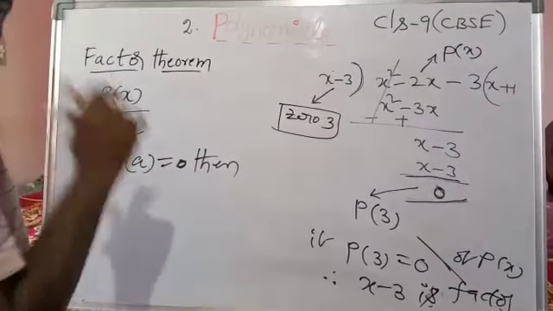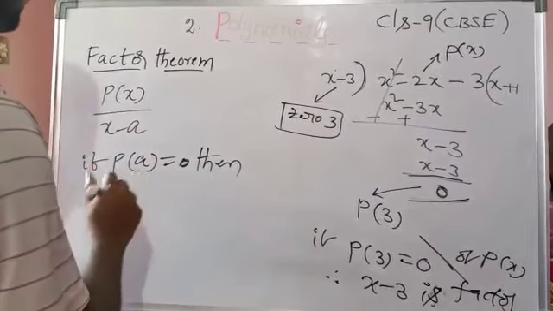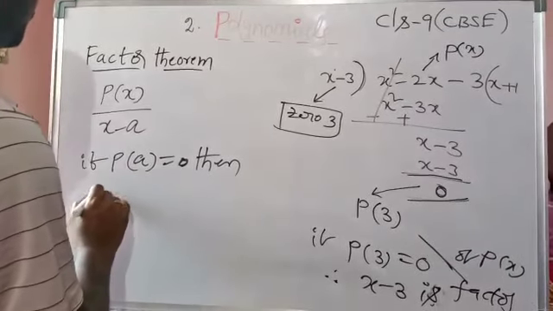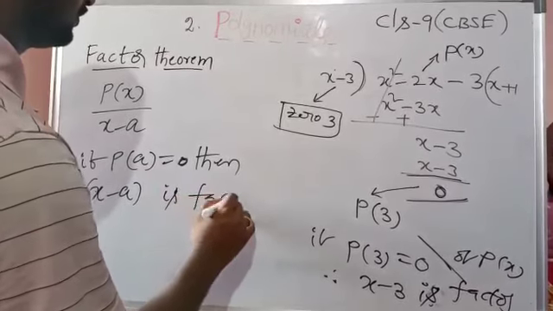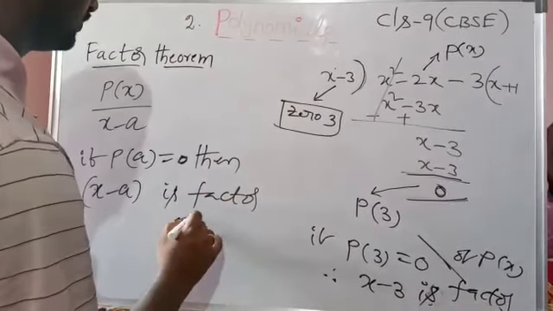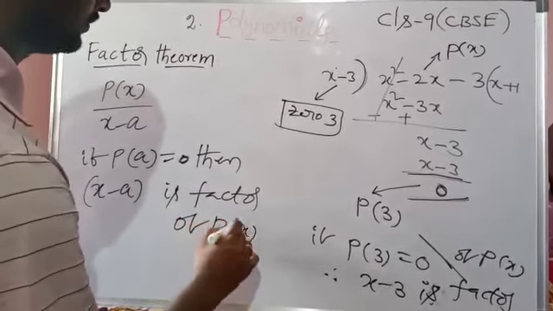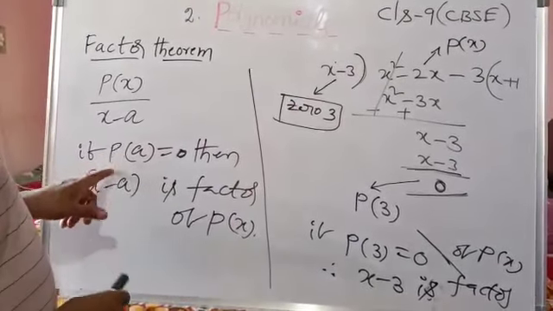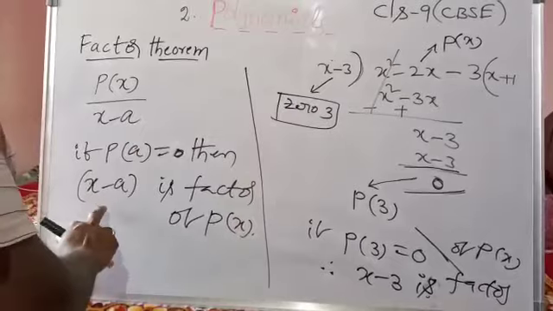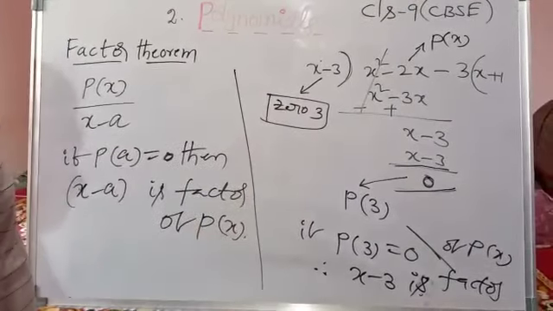P of a is the remainder. If this remainder is 0, then what you can say? X minus a is a factor of what? Factor of p of x. This is the factor theorem, students. If p of a is equal to 0, then x minus a is a factor of the polynomial p of x.